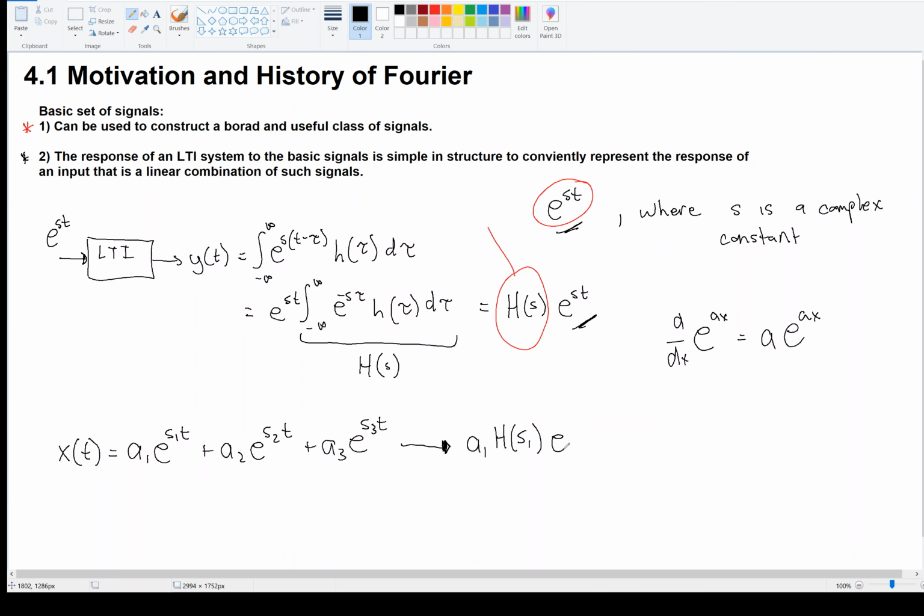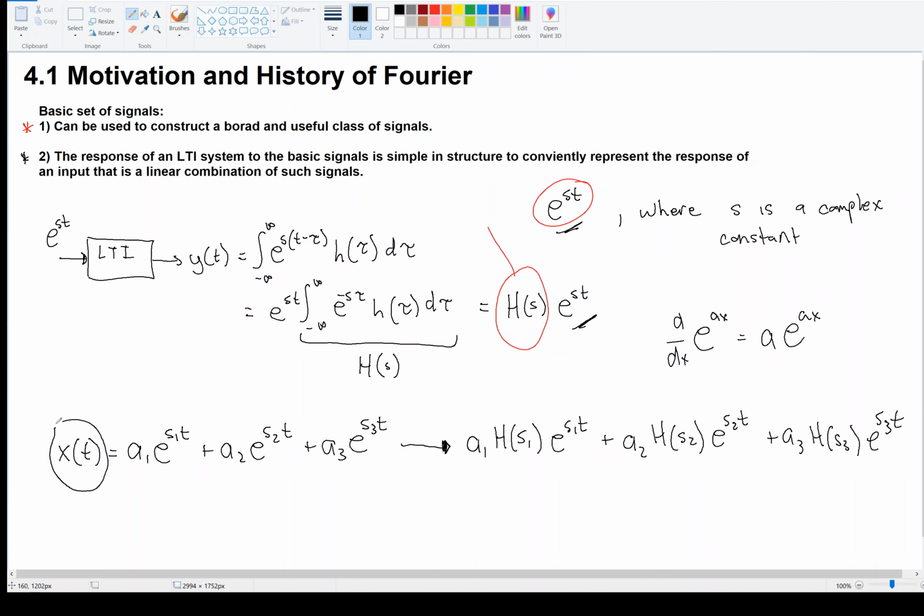We're not going to say too much about that constant yet, but in general, this is what we would get out, right? We love this idea. Oh, wow, I can get the output very quickly, right? No convolutions necessary here. Because I know that I put this in, I'm going to get all those things out multiplied by this constant that depends on s1, s2, and s3. Wow, we love that. That's exactly what Fourier was doing.